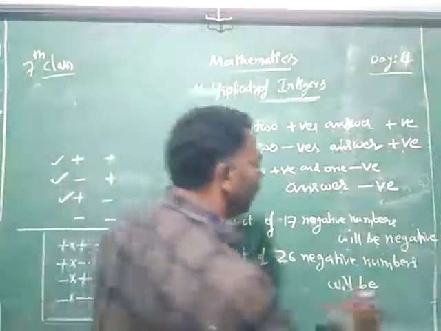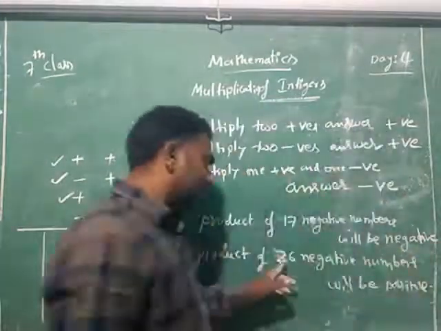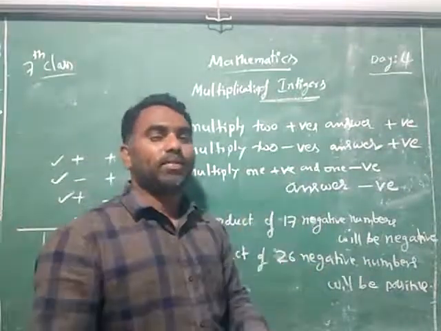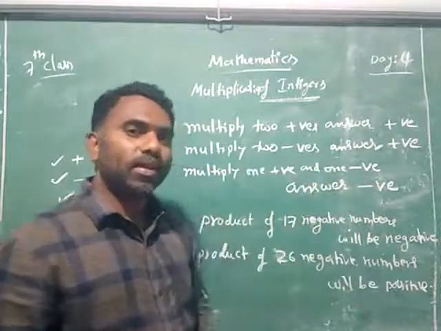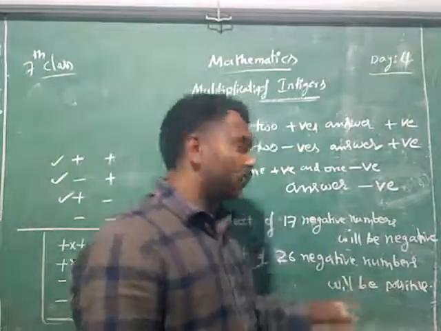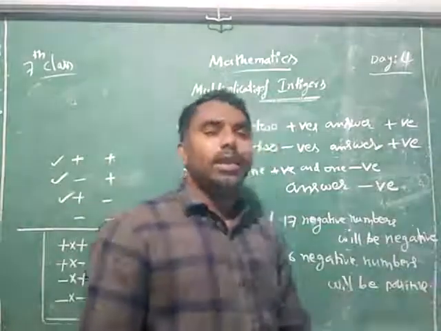Yes, it is positive. Why? Because it is an even number of times. Even number of times if you multiply the negative number, you will get positive. Odd number of times, you will get negative.